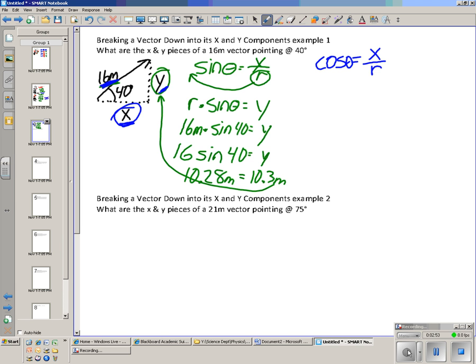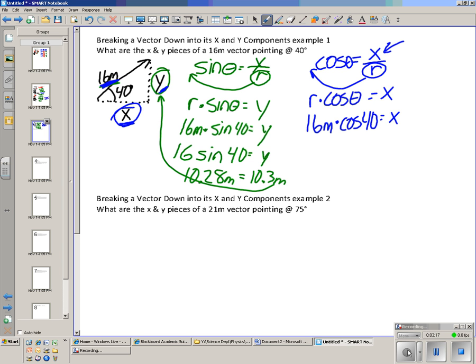Okay, once again, bringing my r up here, because all I need to do is solve for the x. And I'll have x equals r times cosine theta. Now I can plug in my values just like before. 16 meters times the cosine of 40.